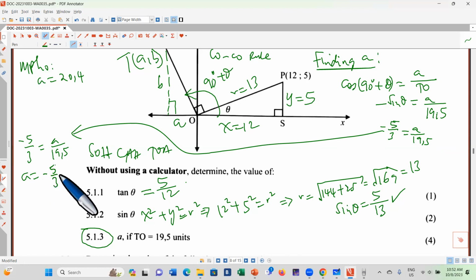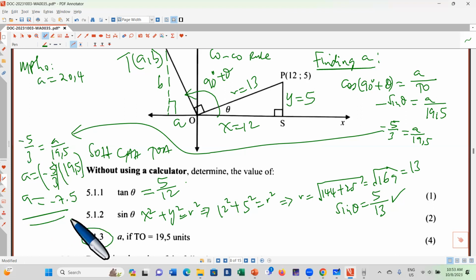So you have this one here, and then this is 19.5. You multiply everything, and you get minus 7.5. So obviously we understand therefore that at this point A is minus 7.5.